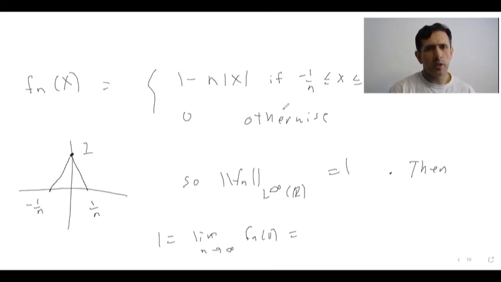So this is going to be the following limit: fn of 0 is phi 0 of fn.